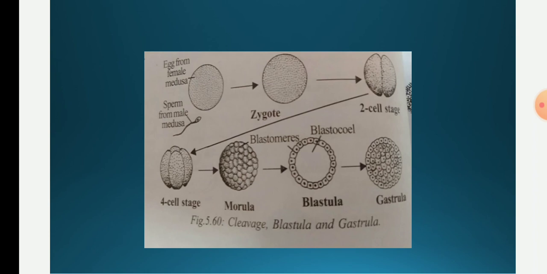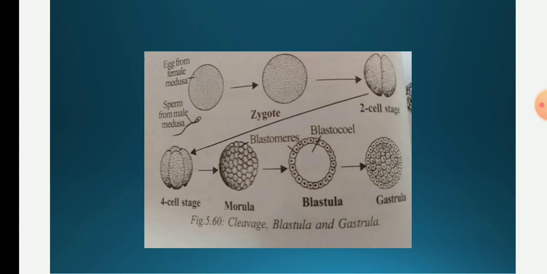Then these blastoderm cells undergo invasion, giving rise to two different layers, that is outer ectoderm and inner endoderm. The presence of these two layers is known as the gastrula stage.